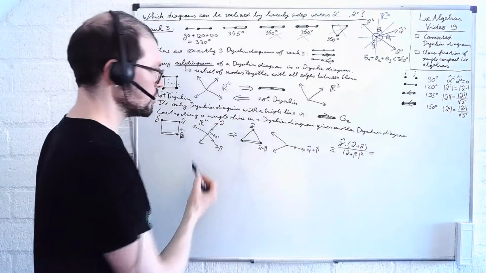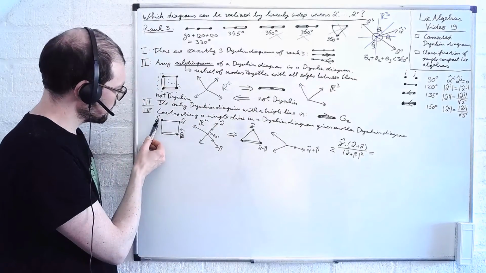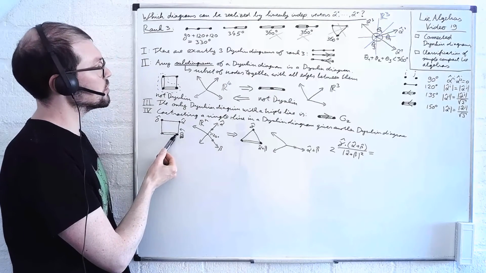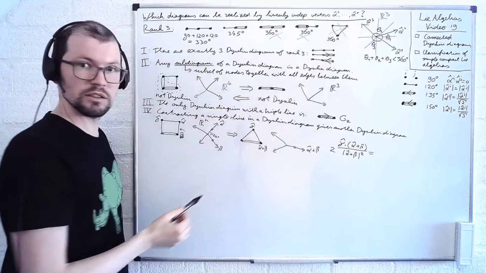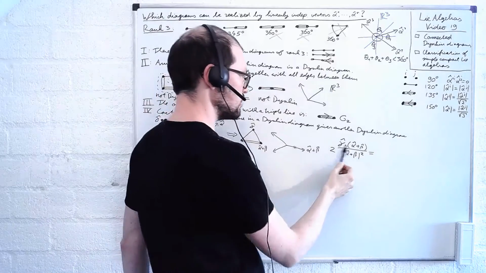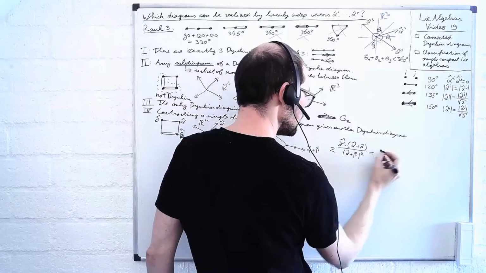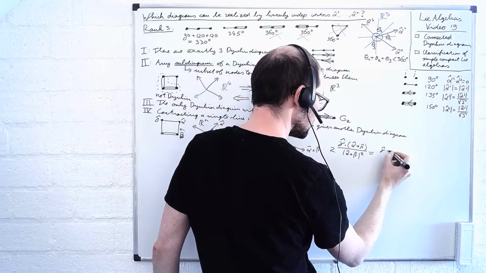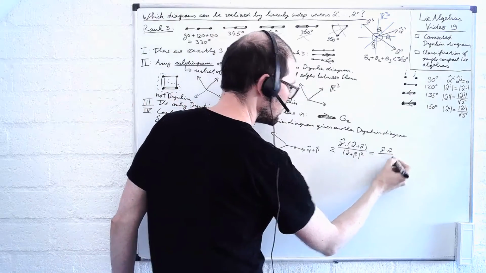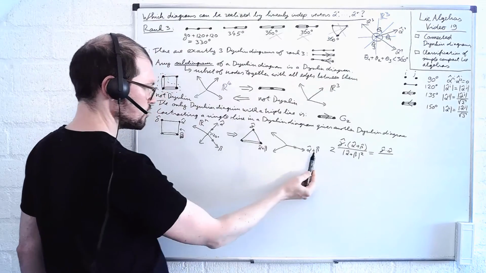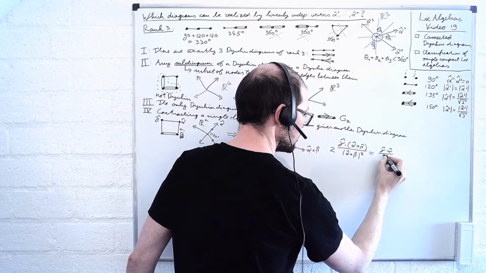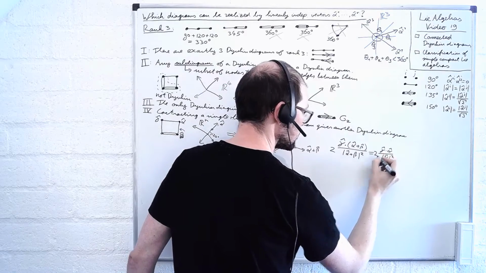But we can easily compute now that if gamma is connected to alpha, then it cannot be connected to beta, because otherwise we would have a triangle like this. So gamma is going to be orthogonal to beta. So this is just gamma dot alpha. But I said that the length of alpha plus beta is the same as the length of alpha. So this is just alpha squared.